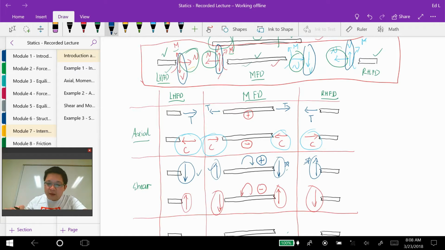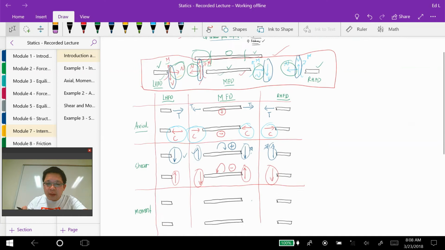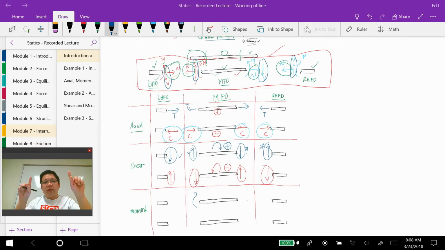And finally, let's proceed to the last one in here, when we talk about moment. For moment, the positive sign convention that we agree on is when the moments that act at both ends of the middle free body diagram cause the beam to bend like this.